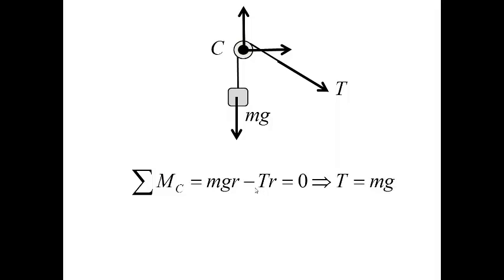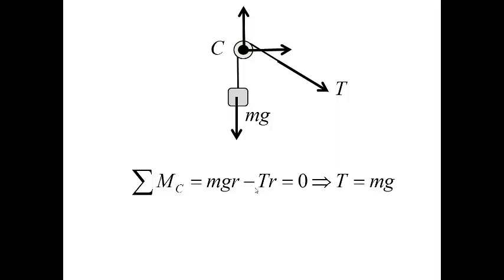The reason these forces have the same arms is very simple. Both forces are tangential to the circle, and therefore the distance from the center is equal to the radius. Of course, this gives us immediately that the tension in the cable is equal to mg.